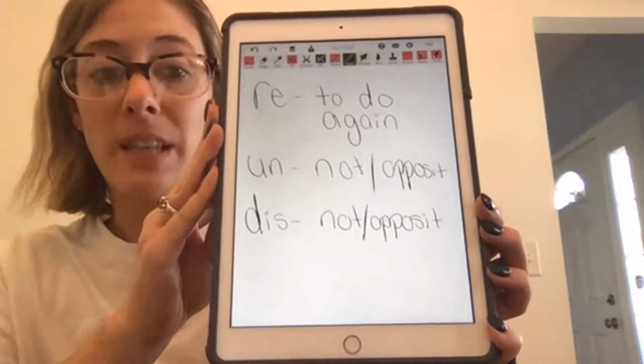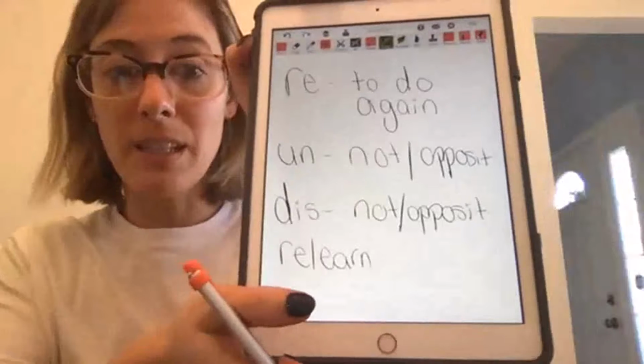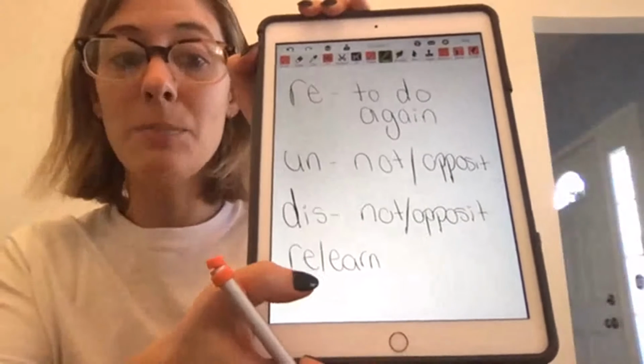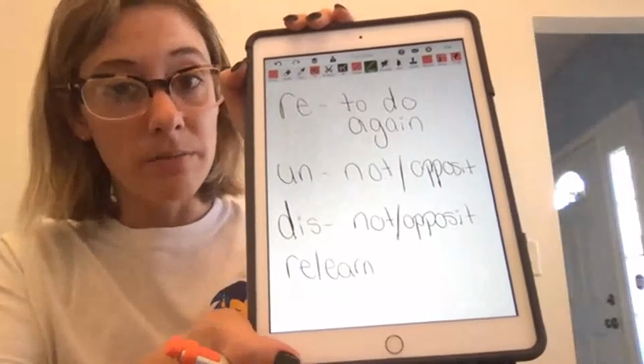So for example, we're going to have the word relearn. We just said that re means again. So if we're going to relearn these prefixes, that means we're going to learn these prefixes again. The base word is learn.